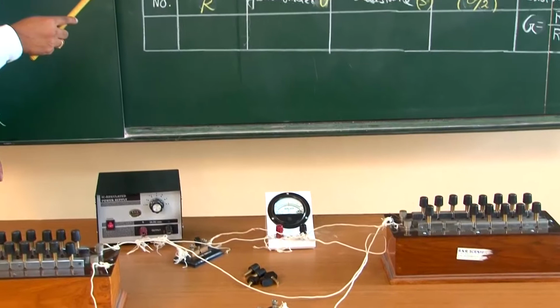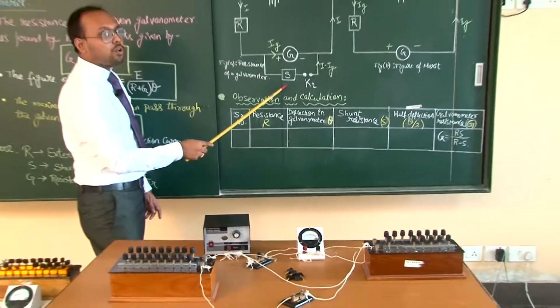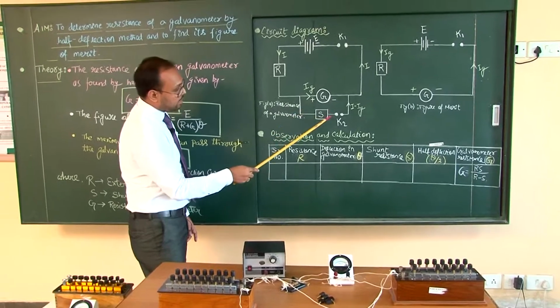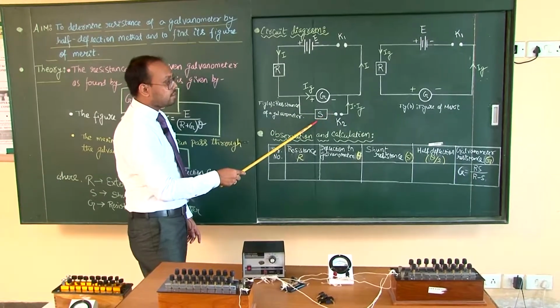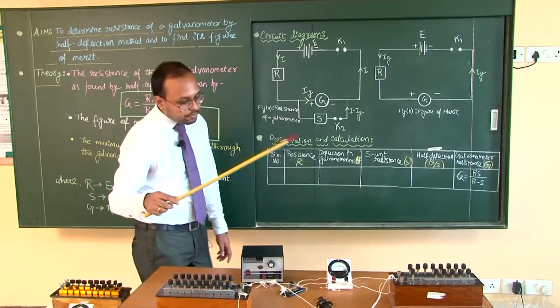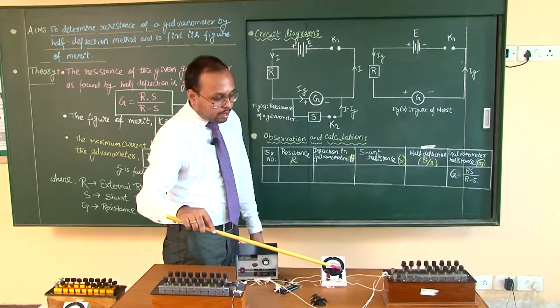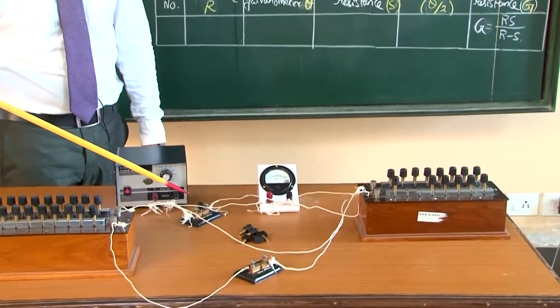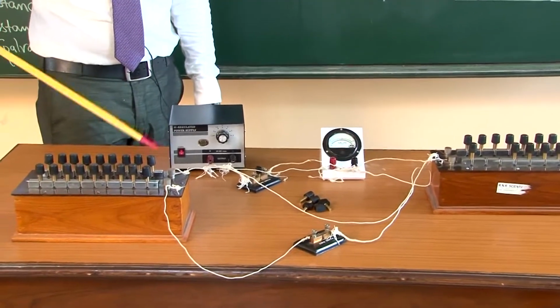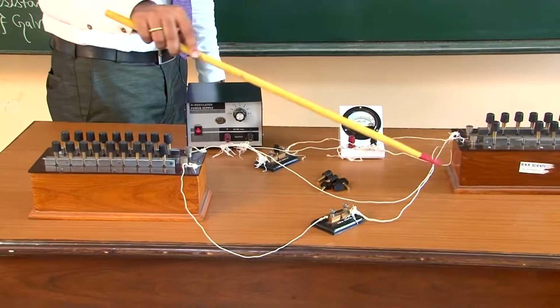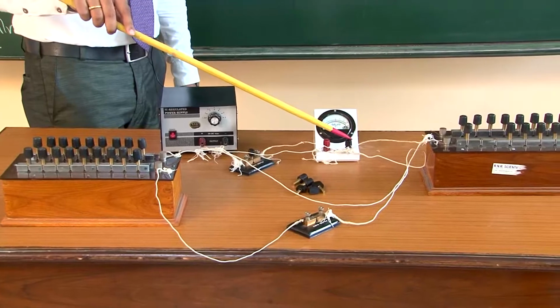In this circuit, as you can see, one shunt resistance, or low value resistance, is connected parallel to the galvanometer, and another key is given in series with this shunt resistance. Now, let us see how this is connected here. From the galvanometer positive terminal, one wire is connected to an extra resistance, the shunt resistance. This resistance's other terminal is connected to the key, and that key connection comes back to the negative terminal of the galvanometer.